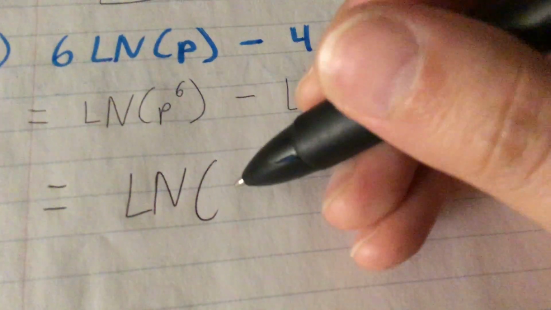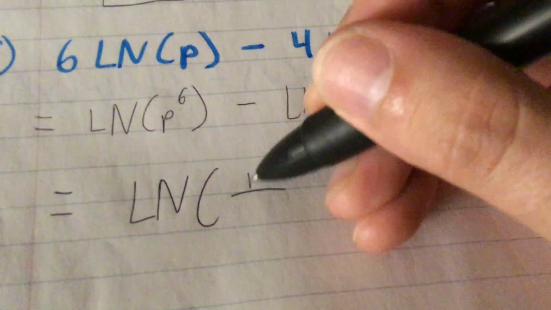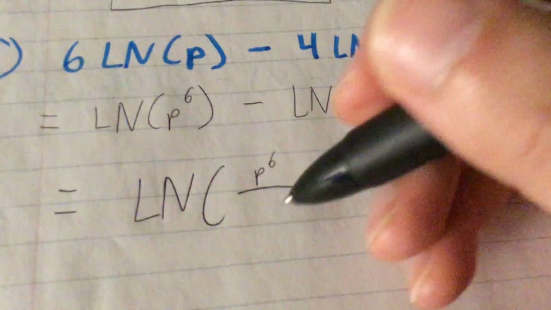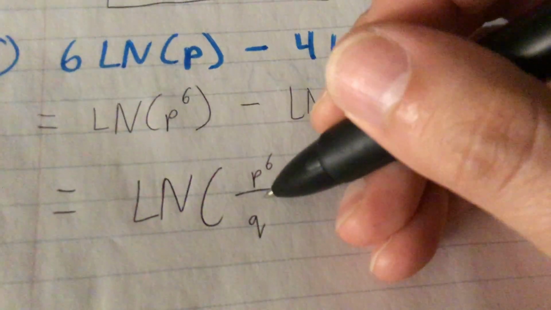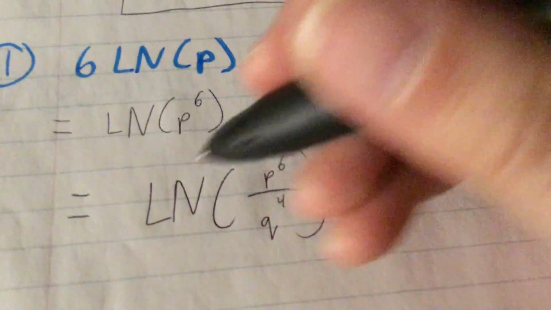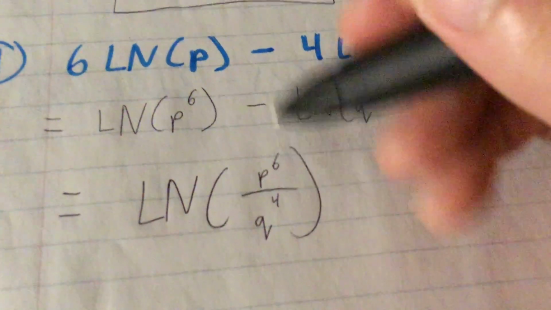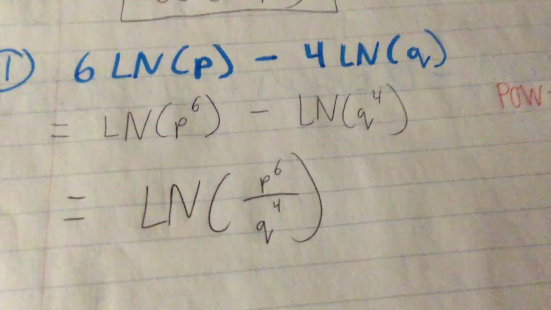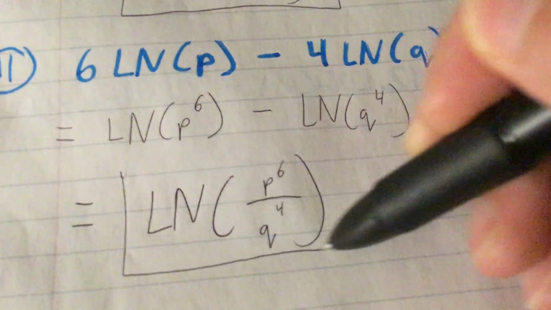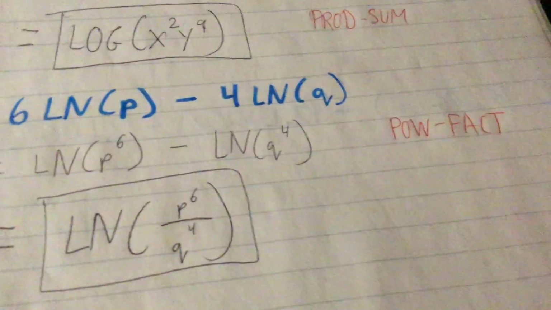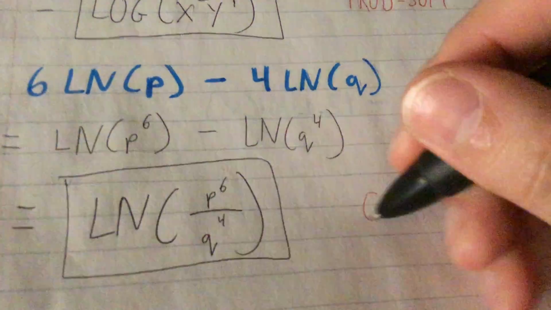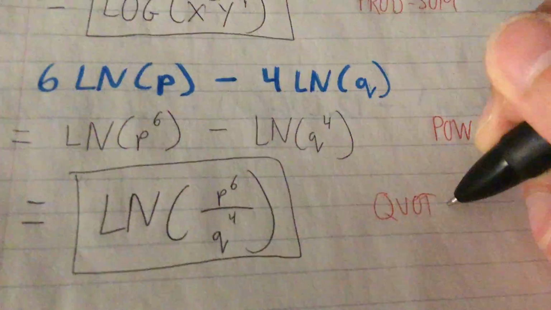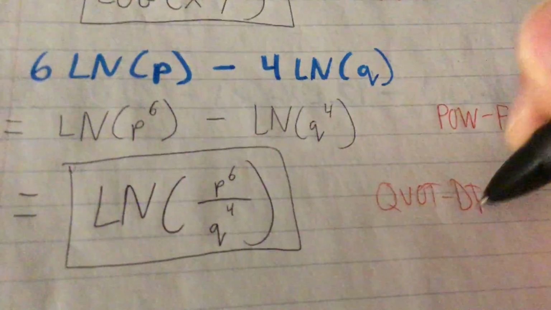So that'd be p to the 6 on top and q to the 4th on the bottom. So the natural log of p to the 6 over q to the 4th can be expanded into 6 ln of p minus 4 ln of q. Nicely done. And that reason why is because of the quotient difference rule.